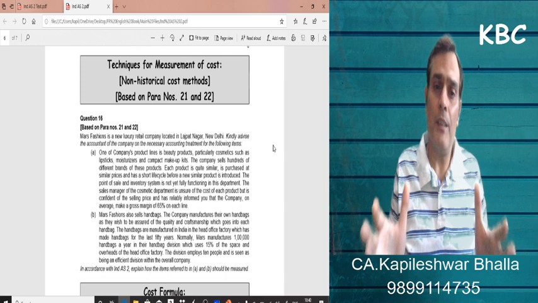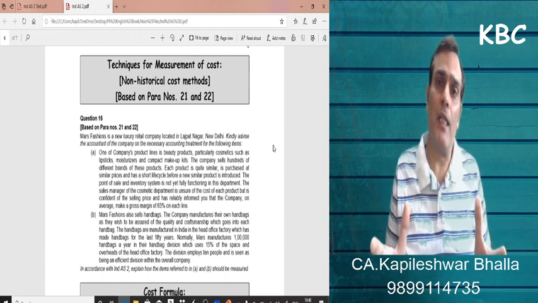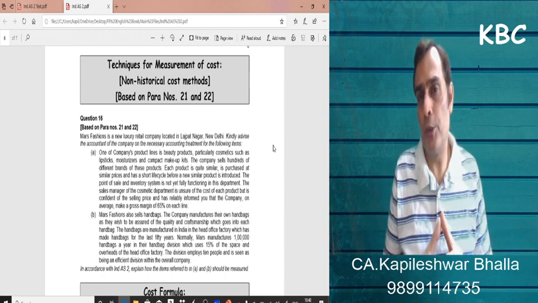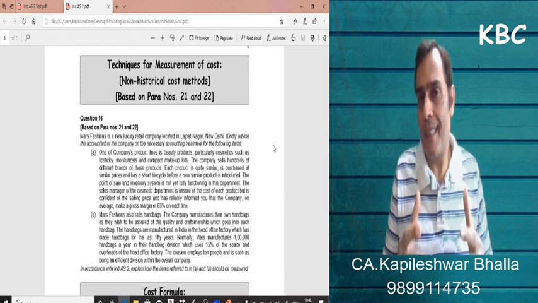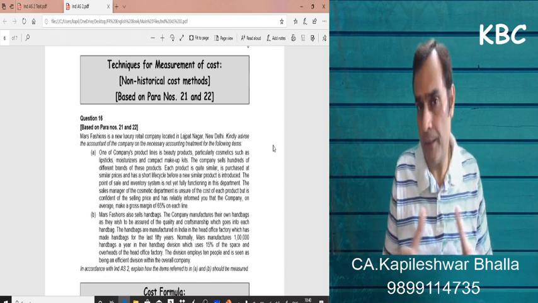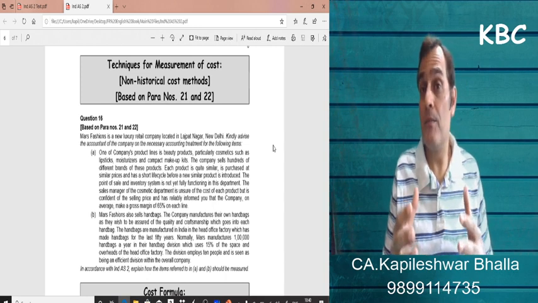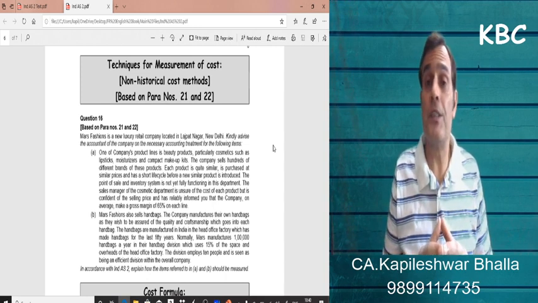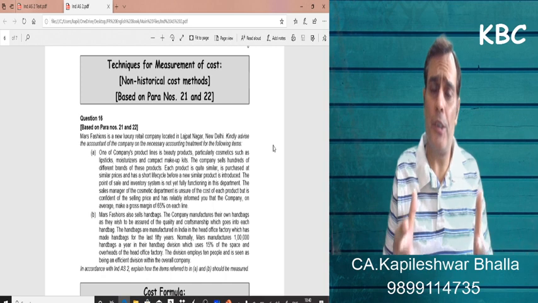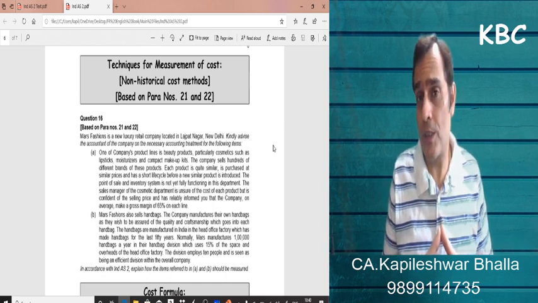But when you've been manufacturing these bags for the last 50 years, one thing is pretty sure: if you were to decide what the cost should be, which is a standard cost, it would generally approximate your actual cost as well.